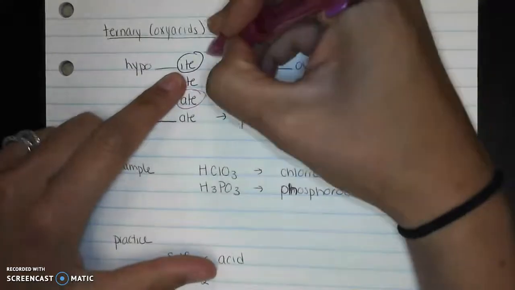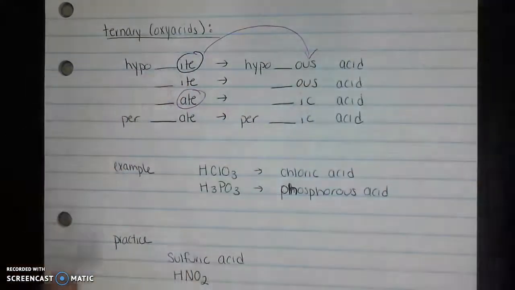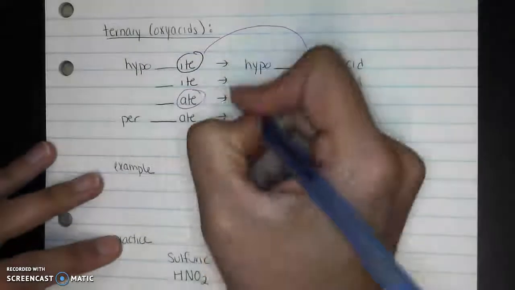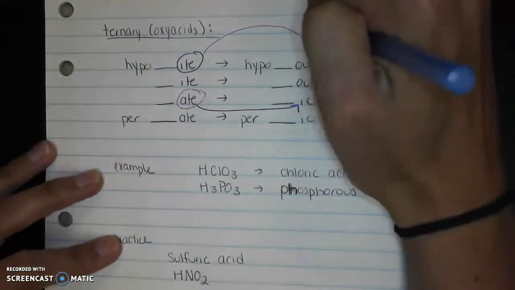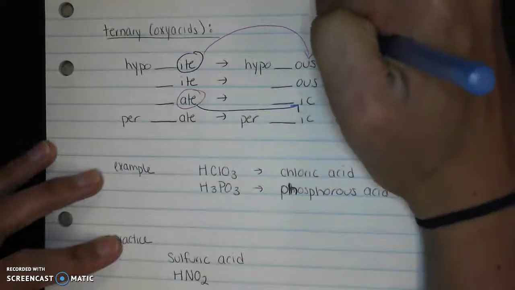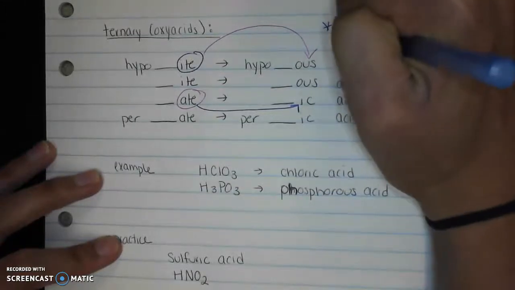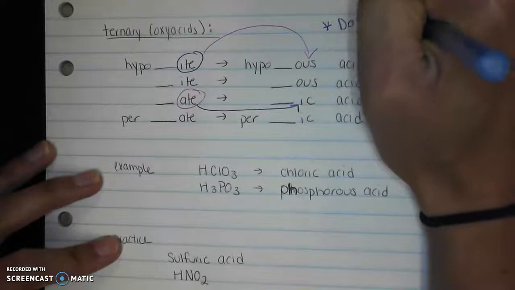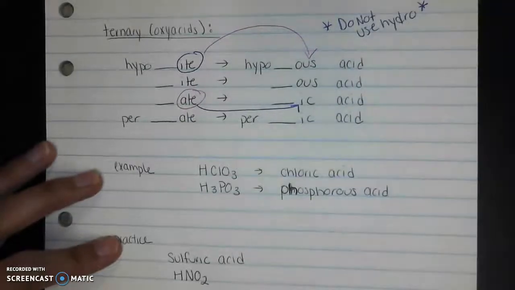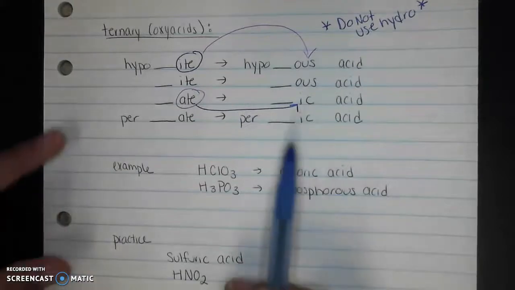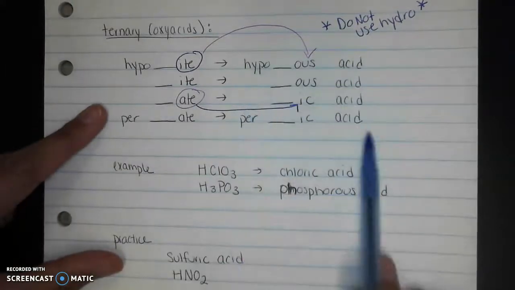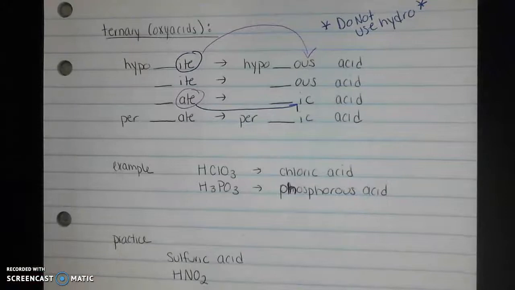So ite turns into ous, and ate turns into ic. Something to notice here is we do not use hydro. Hydro is only for binary acids, okay? So we're going to use this format to help us come up with our names.